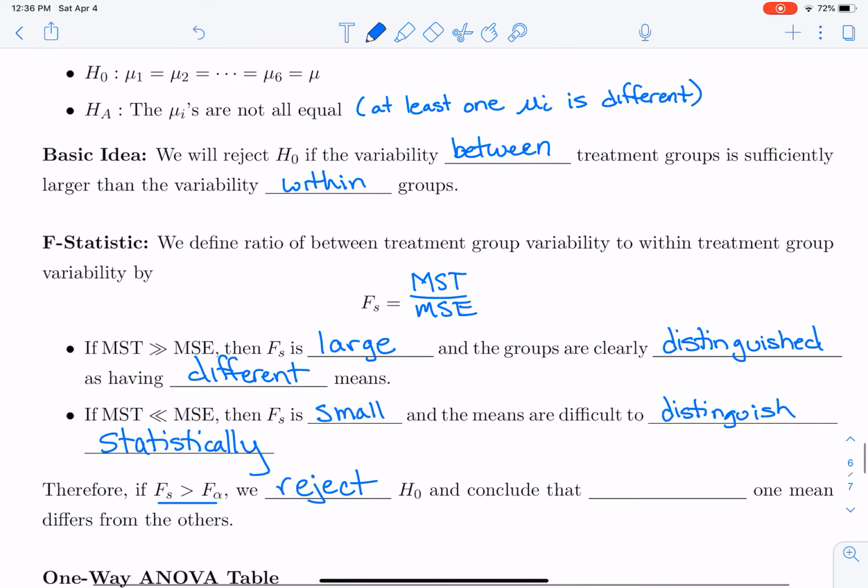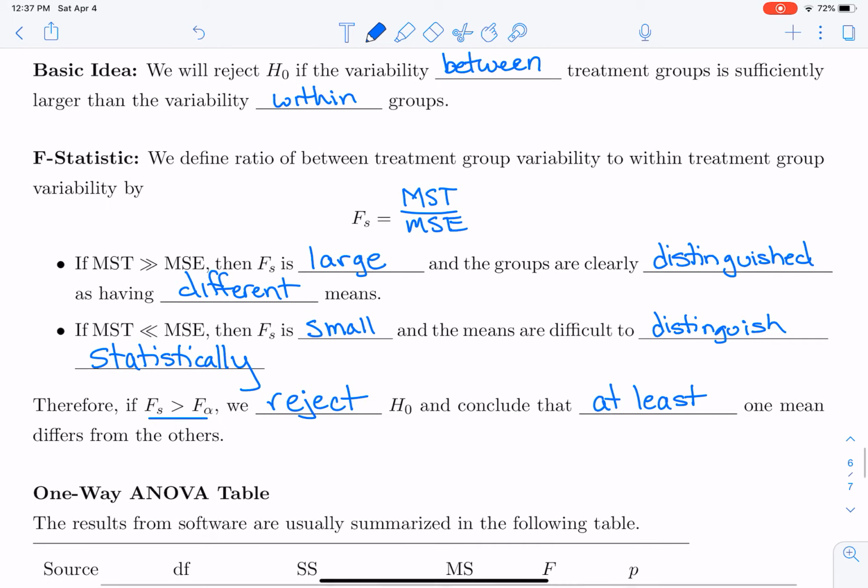And if we can do that, we conclude at least one mean is different from the others. Please note that this is not going to be F sub alpha over 2.